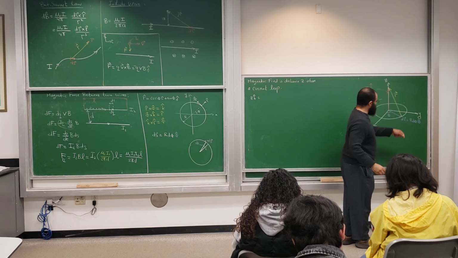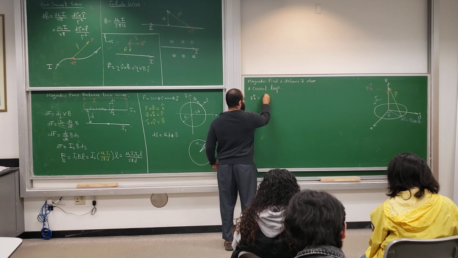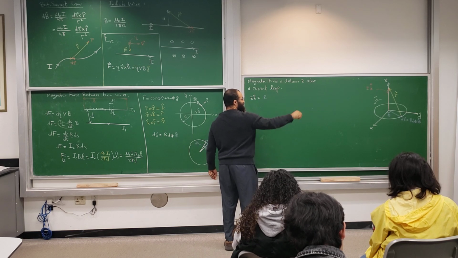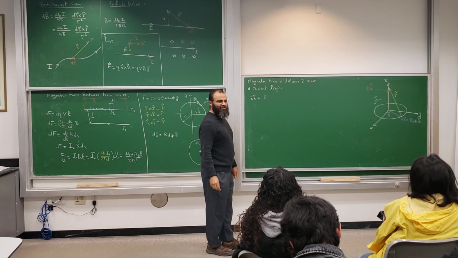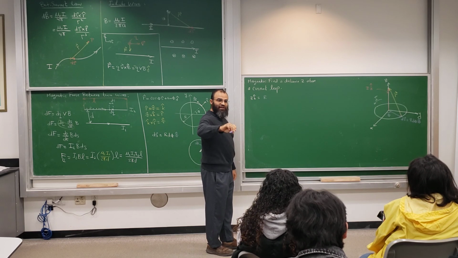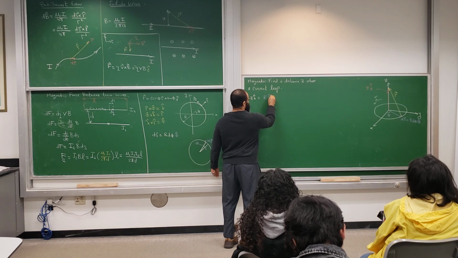What's the purple vector? It has magnitude R because it starts at the center of the circle and ends on the circumference, radially outward. It's R r hat.